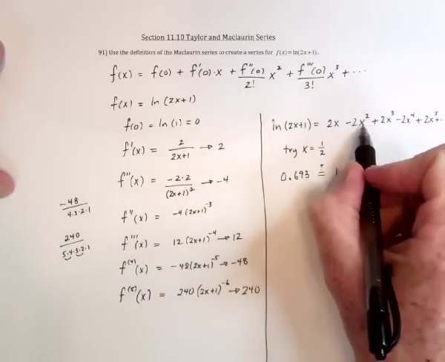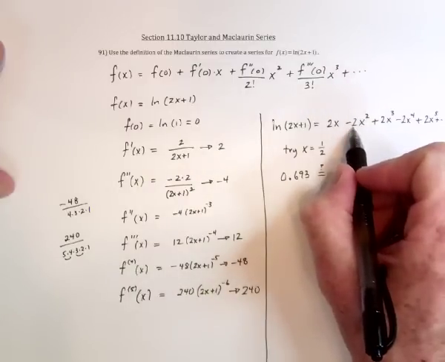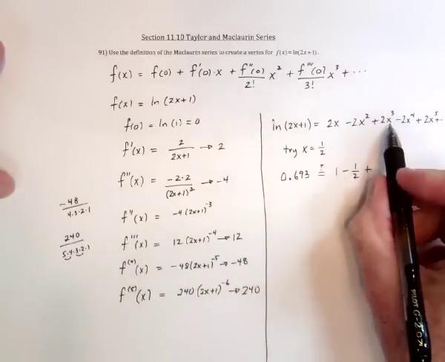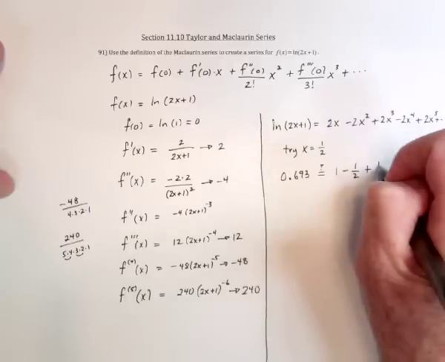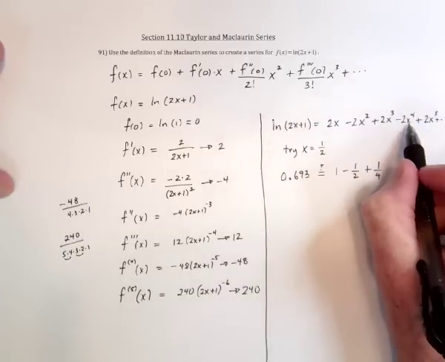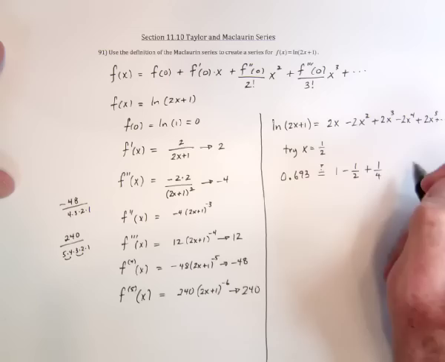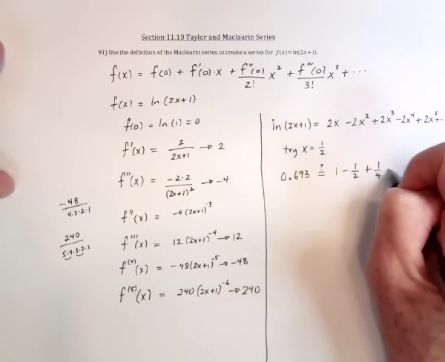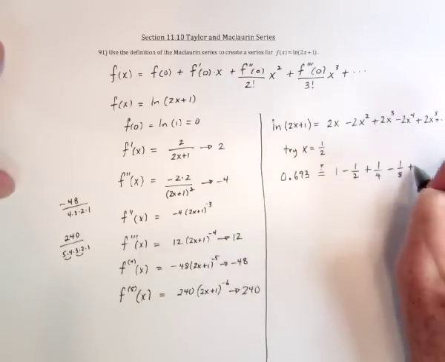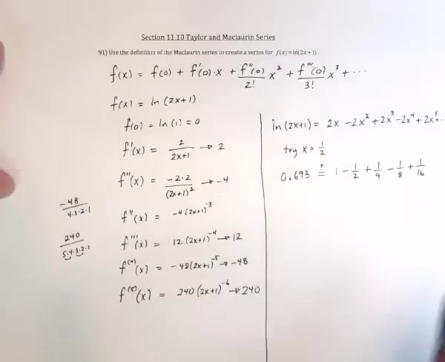A half squared would be 1/4. So that makes it 1/2. Plus this would be a half cubed is 1/8. Together with this would be 1/4. And then this one would be 1/16. So this one would be negative 1/8. And then I can see the pattern down here. The next one's going to be 1/16, 1/32, etc.